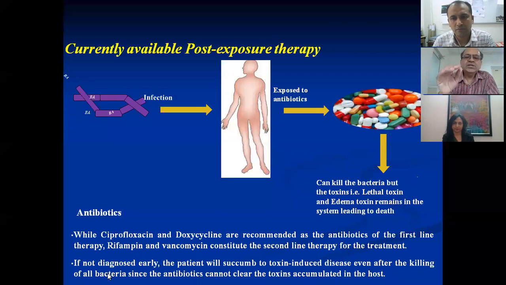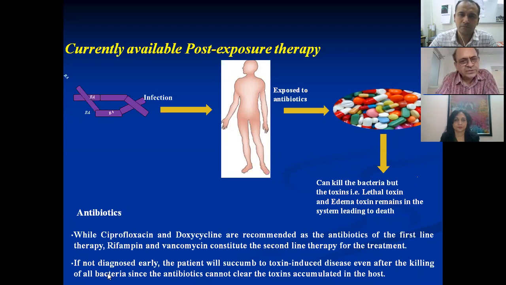But too much toxin gets accumulated once the person is sick and you don't start the antibiotics. You start seeing the symptoms when too much toxin has been accumulated in the blood. At this stage, even if you give any amount of antibiotics, it doesn't help. So the trick is, if you can neutralize the toxin and give antibiotics so that bacteria are killed and no more new toxin is produced, perhaps you can control the situation.